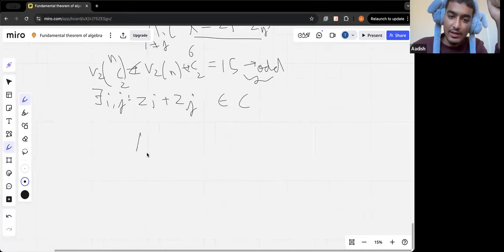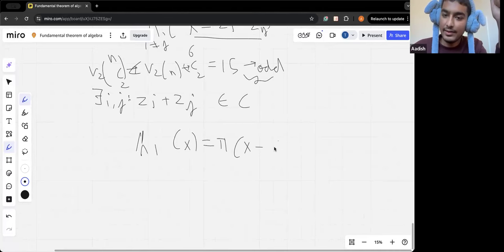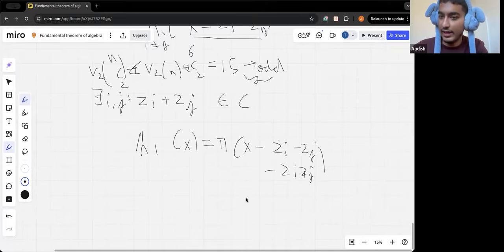Now I will write P1 of x. P1 of x will be the product of x minus (zi plus zj plus zj). This is again a degree 15 polynomial. Due to symmetric stuff, this has at least one complex root.